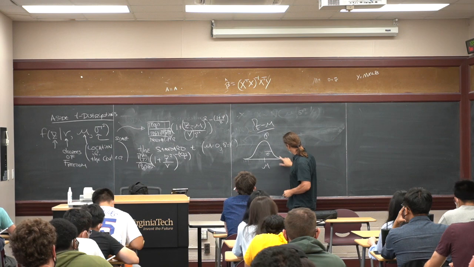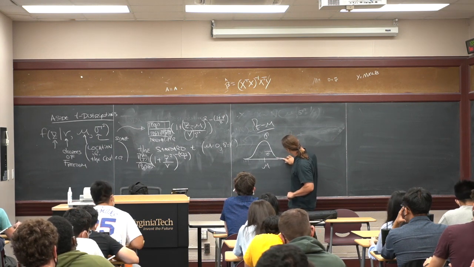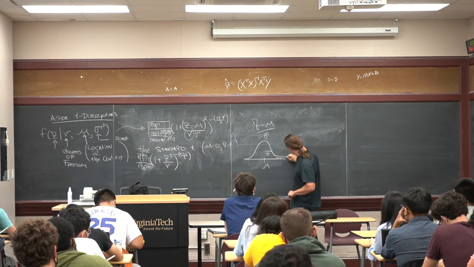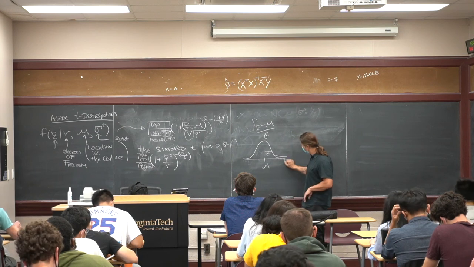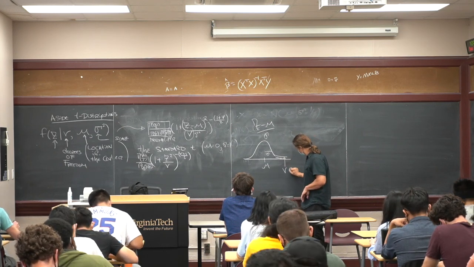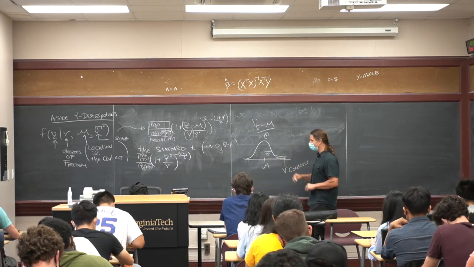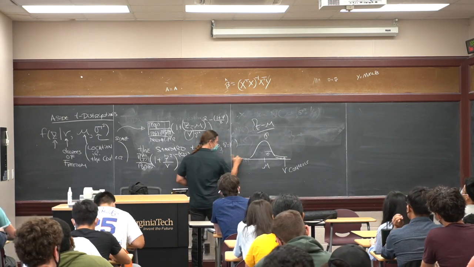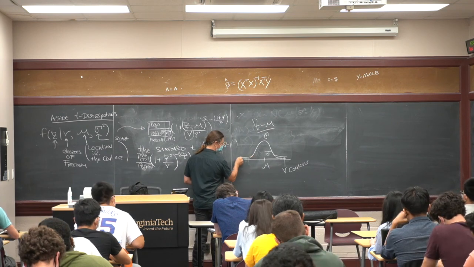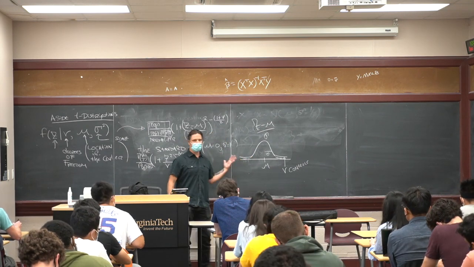So what this tail behavior is right here. If nu is very small, this tail is very fat, very thick. So it controls tail behavior.